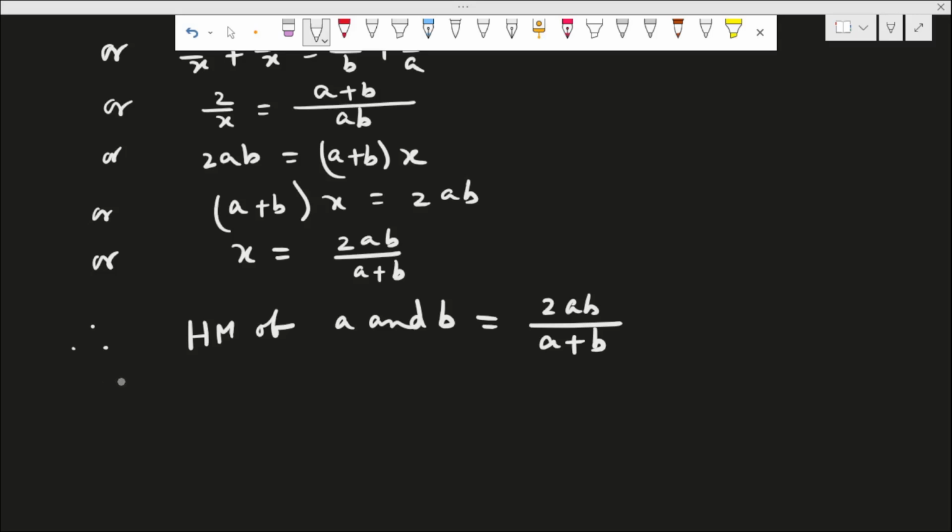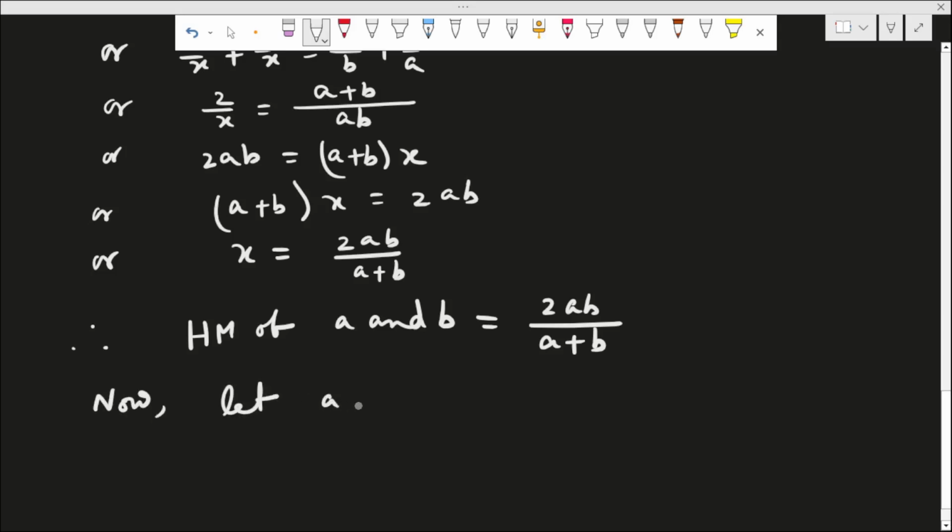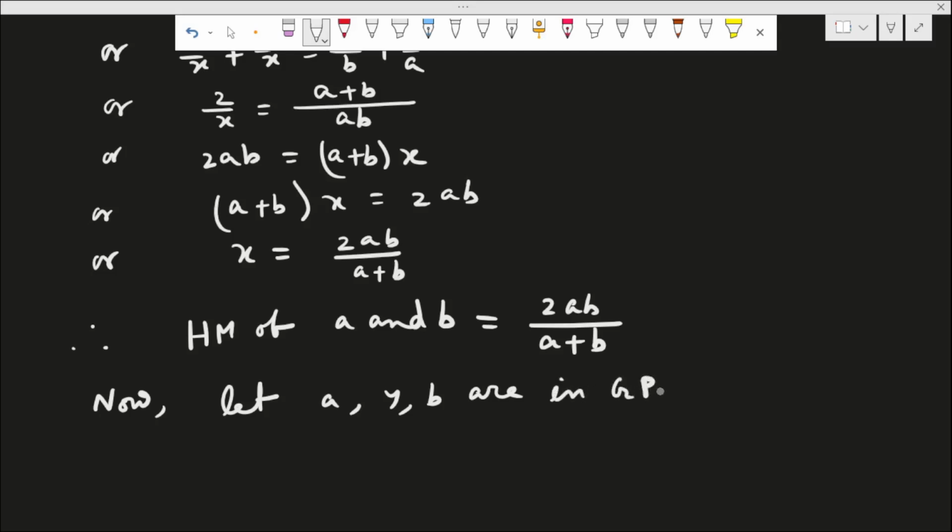Similarly, we will find GM. So again, let A, Y, B be in GP. GP means geometric progression.